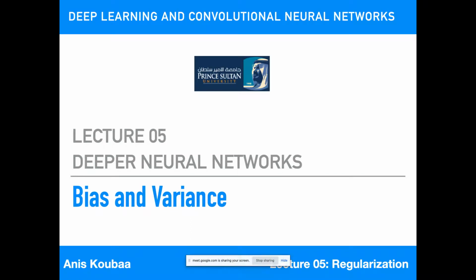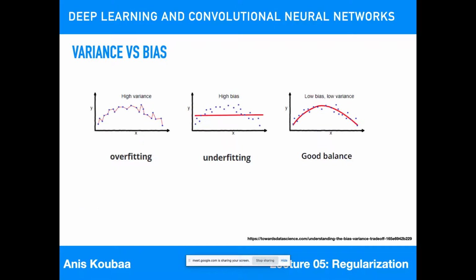Okay, so now let's talk about the bias and the variance. When you train a deep neural network, you can face different types of situations. Imagine that you train a neural network in order to make a regression on the blue points.